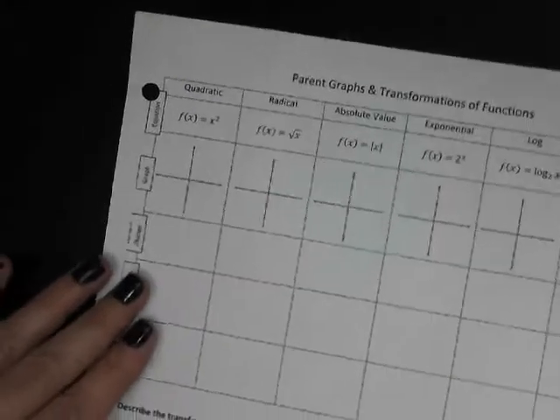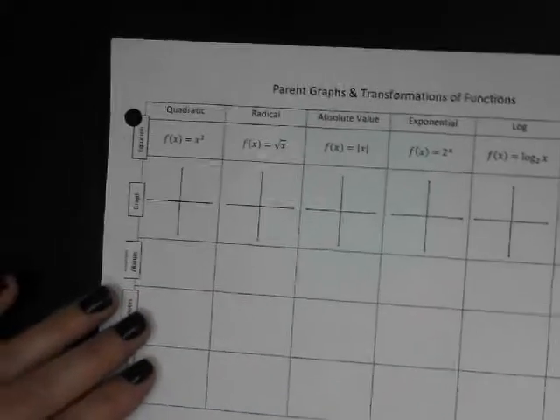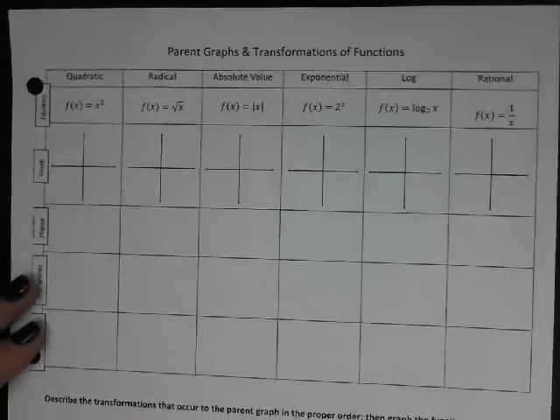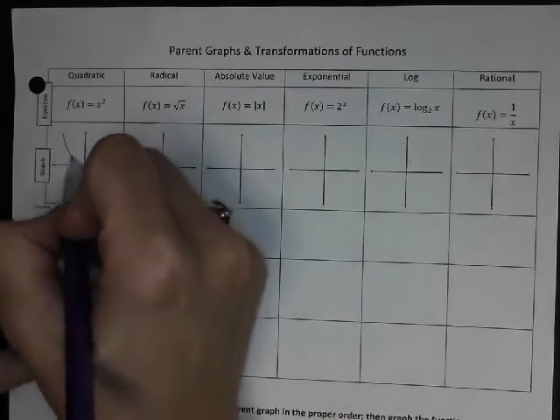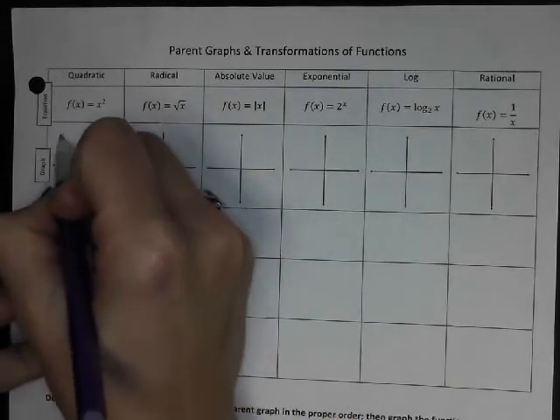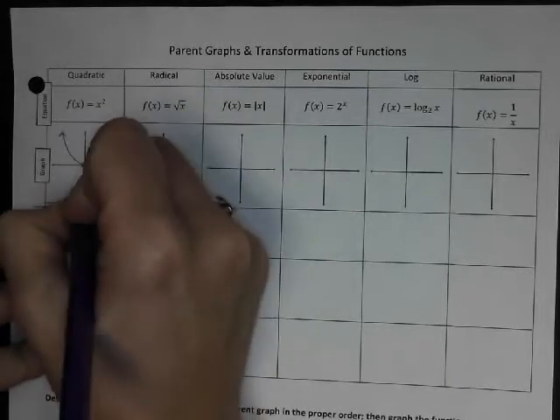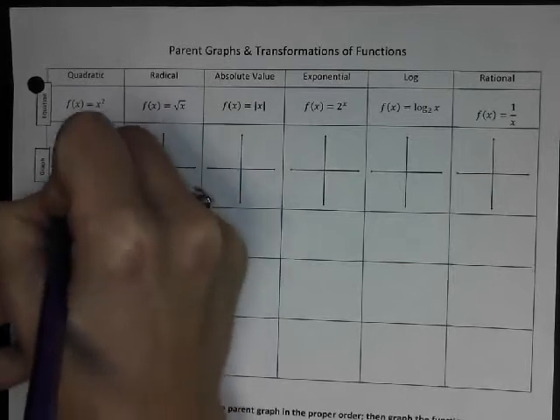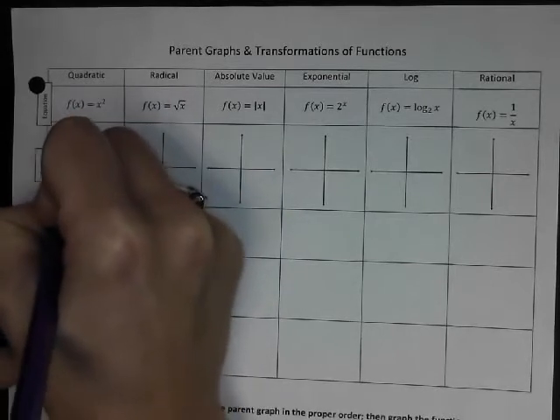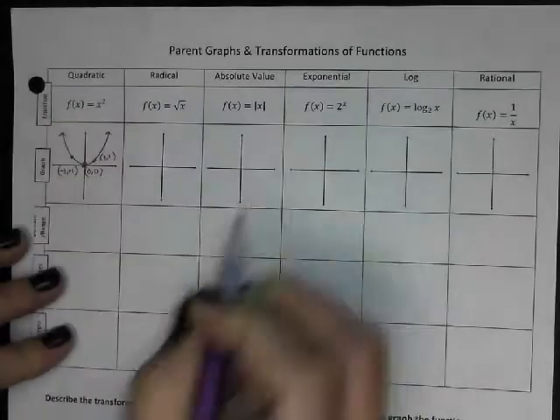Alright, so from there I'm going to jump to this review note sheet that I made up, just to review all your parent graphs, transformations of functions. So, quadratic, critical points: 0, 0, 1, 1, and negative 1, positive 1, rather.